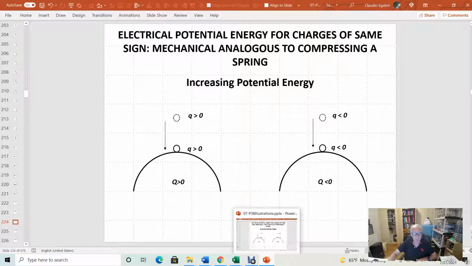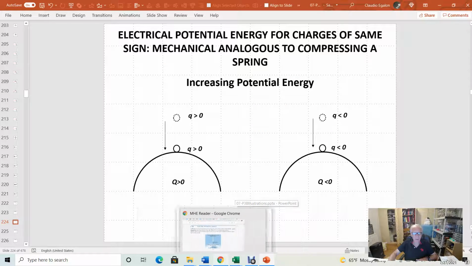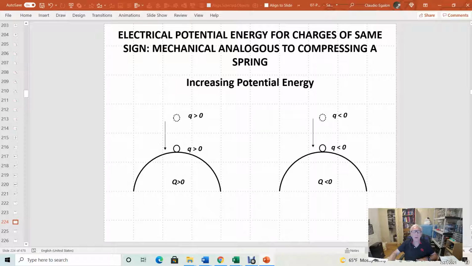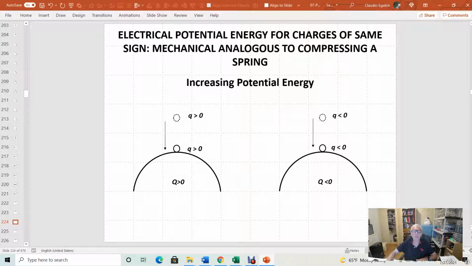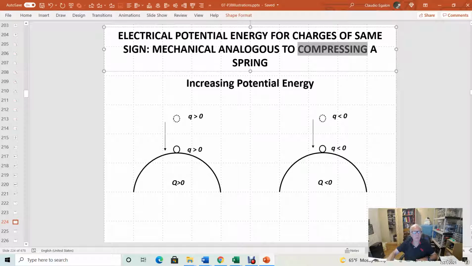Those are the qualitative ideas of potential energy, whether it is gravitational potential energy or electric potential energy. Here I made the analogy with a mass. Here the analogy is that for a spring, but I didn't illustrate it.